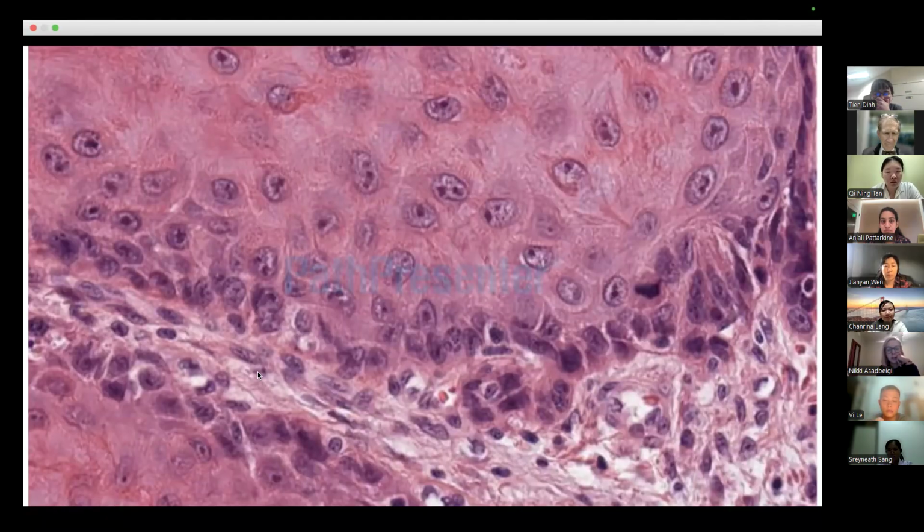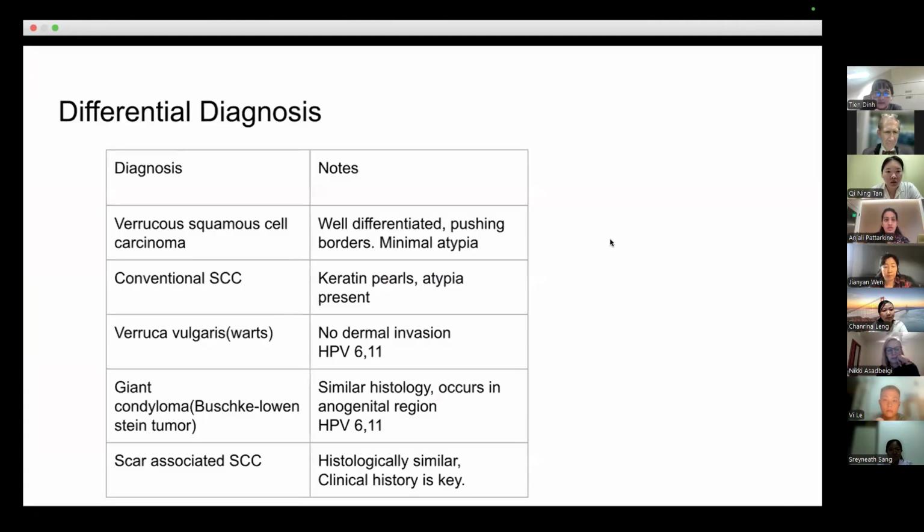So let's go. Angela, do you want to go to the answer? Sorry. So these are the differential diagnosis. It could be a verrucous squamous cell carcinoma or a conventional squamous cell carcinoma. Could be warts. It could be a giant condyloma, and it could be a scar-associated squamous cell carcinoma.